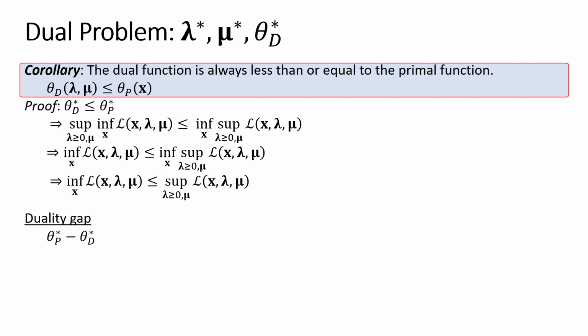Duality gap is the difference theta p star minus theta d star. And since we learned that theta p star is always greater than or equal to theta d star, this duality gap is always greater than or equal to 0.